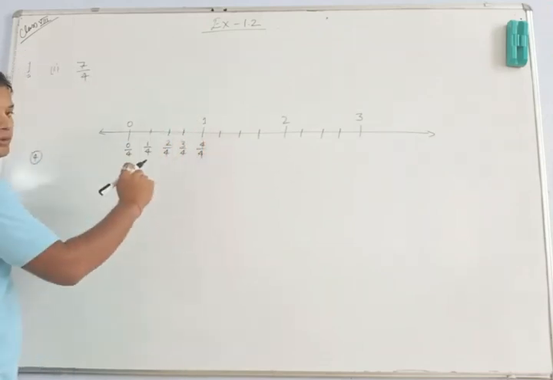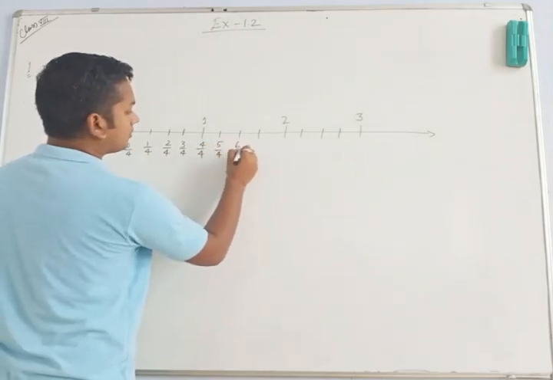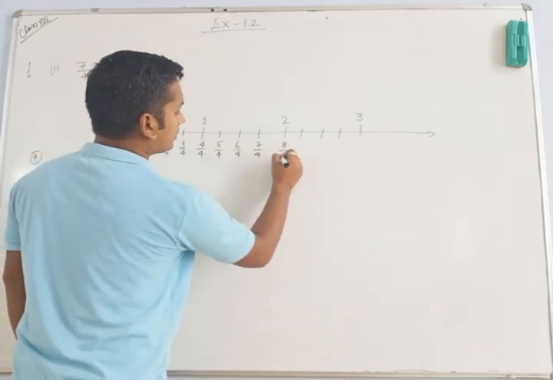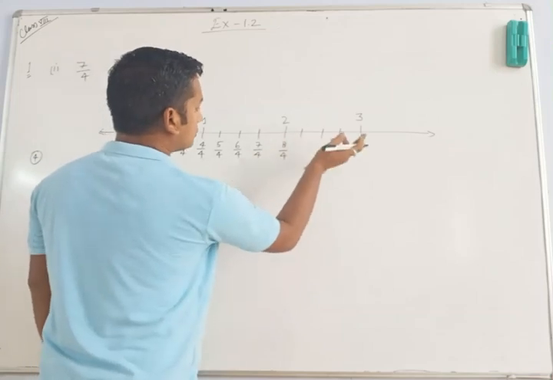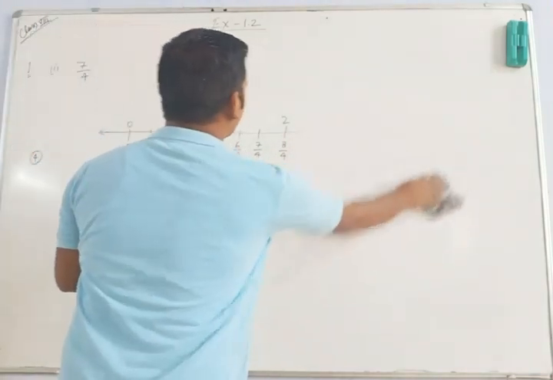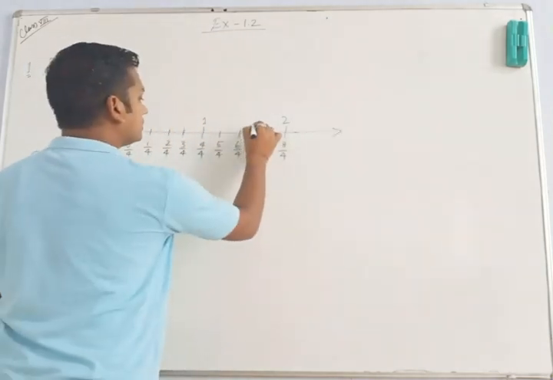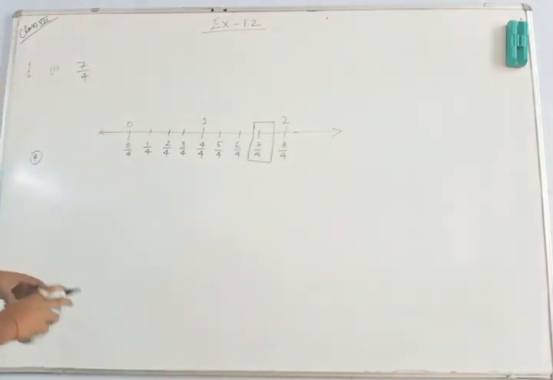See, 4 upon 4 you get 1 over here. 5 upon 4, 6 upon 4, 7 upon 4, 8 upon 4, that is 2. So there is no need to go further, because we have already reached 7 upon 4 over here. So we will just write it like this. So this is our number, and we will highlight it with the help of our pencil.